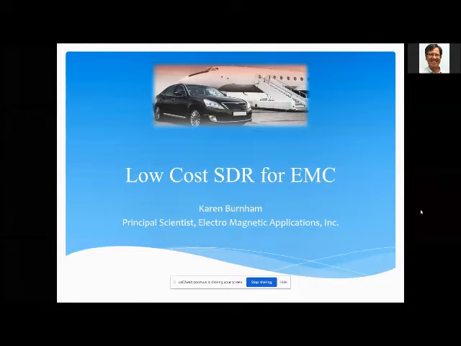So our next speaker is Karen Burnham. Karen is a principal scientist at Electromagnetic Applications in Denver, Colorado. She is an EMC engineer with experience in both the aerospace and defense and automotive industries. At NASA JSC, she worked on the Orion spacecraft and pyrotechnic systems. She was able to work on the Dream Chaser spacecraft and F-35 fighter jet.